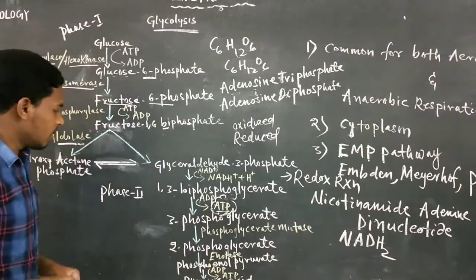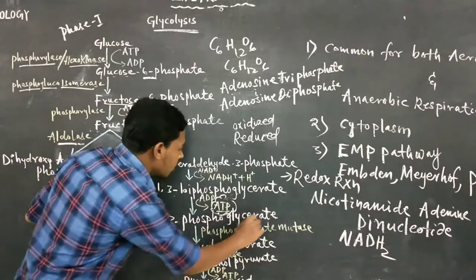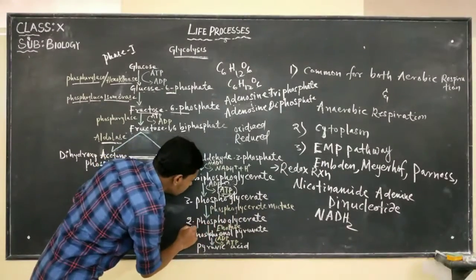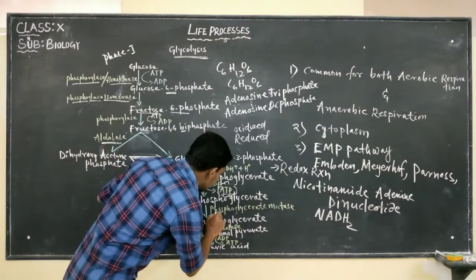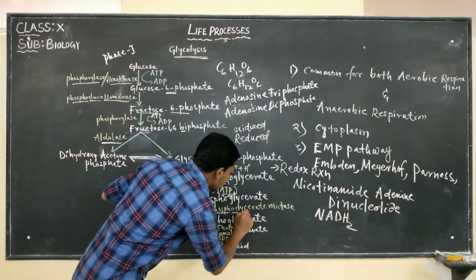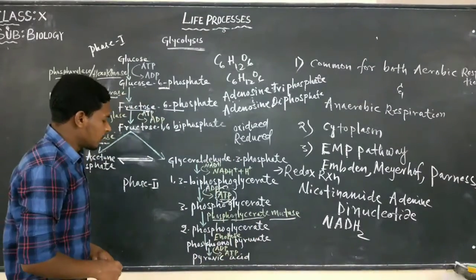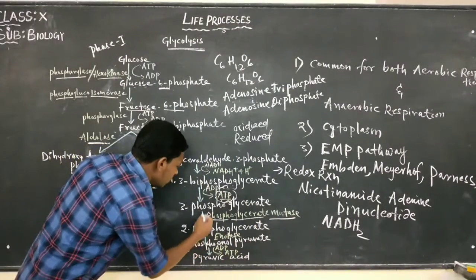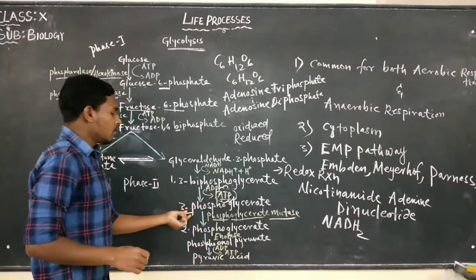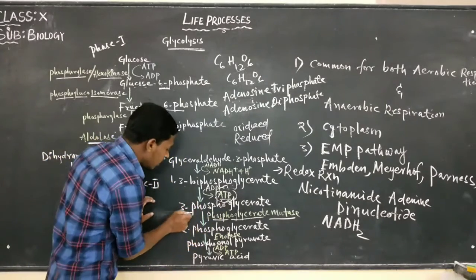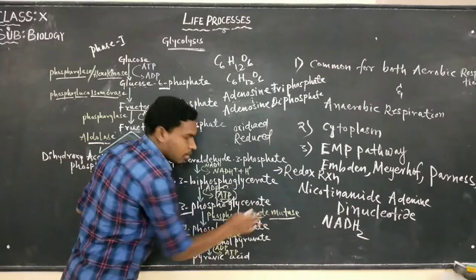Okay, now this 3-phosphoglycerate gets converted into 2-phosphoglycerate, and here the enzyme is phosphoglycerate mutase. That means what? The phosphate group which is on carbon 3 gets shifted to carbon 2. That's why mutase.